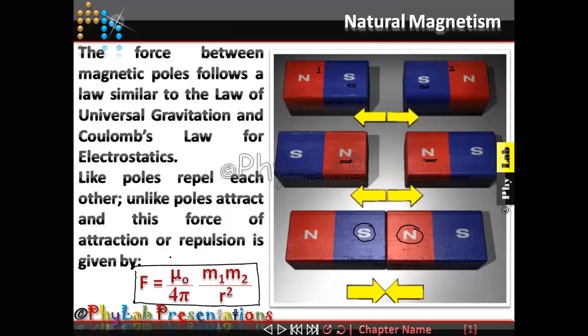Remember students, all these expressions that you have been studying follow one basic law, that is the inverse square law. So remember, the inverse square law has now started to become a universal thing for you all. In case of universal gravitation also, you found this particular law written in a different way, but it was there: G m1 m2 by r square, that is, once again it was inversely proportional to the square of the distance.